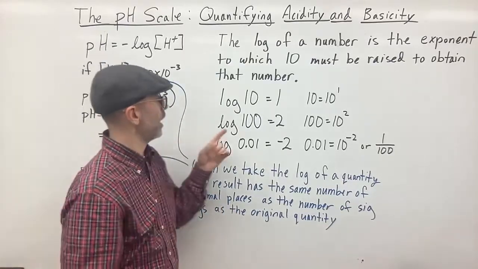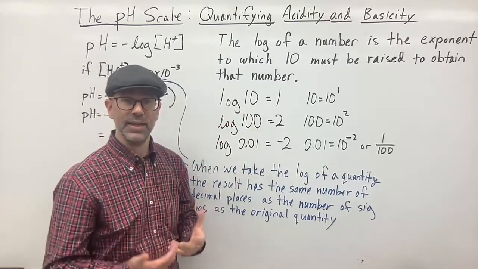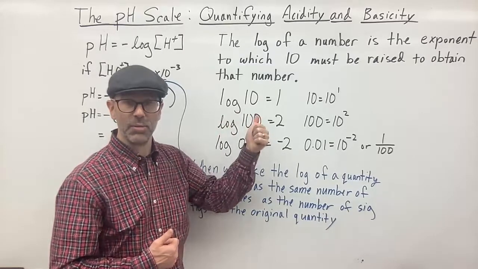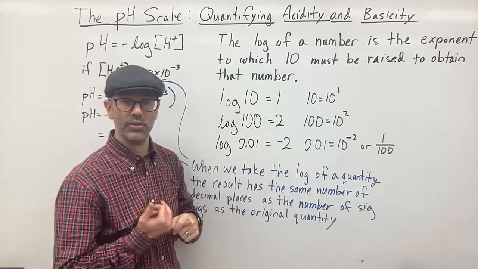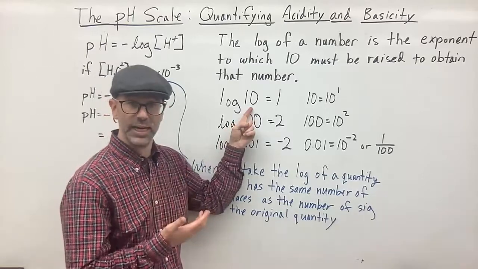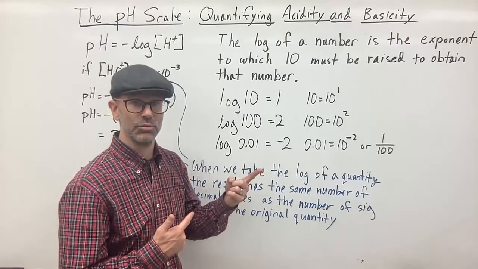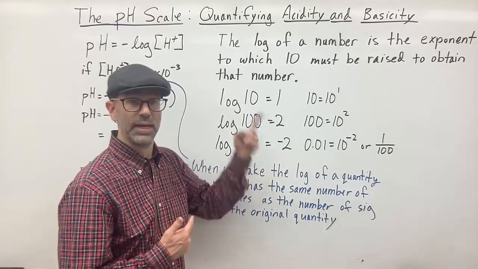For example, if I have my number 10 and I want the log of that number, the log of 10 is the exponent to which I must raise 10 to obtain my number 10.